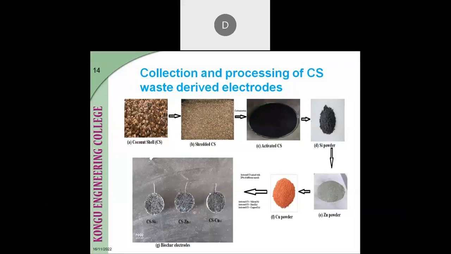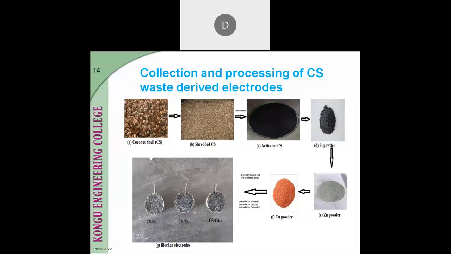The procedure is the same, and it should be carbonized at 500 degrees Celsius for 1 hour. Then, as previously done, it is mixed in different ratios to produce CS Si 0.4, CS Zn 0.4, and CS copper 0.4.